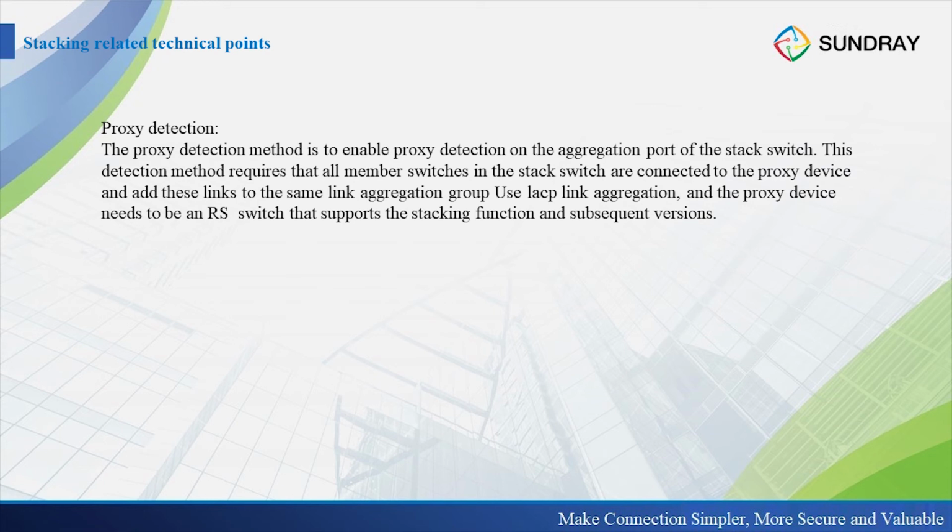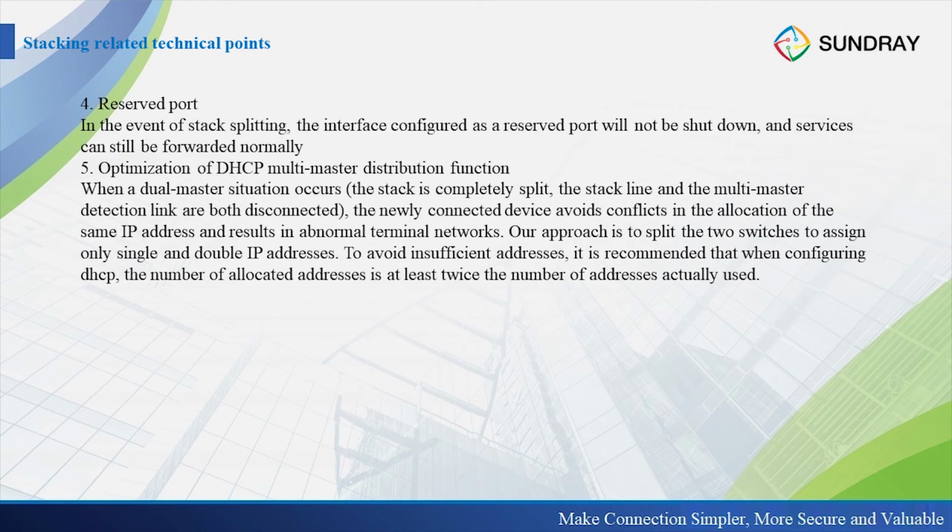It requires all the member switches in the stacking switch to be connected to the proxy devices, and these links to be added to the same link aggregation group. Use LACP link aggregation, and the proxy devices need to be smart switches. Only Sundray smart switches can support the proxy detection.